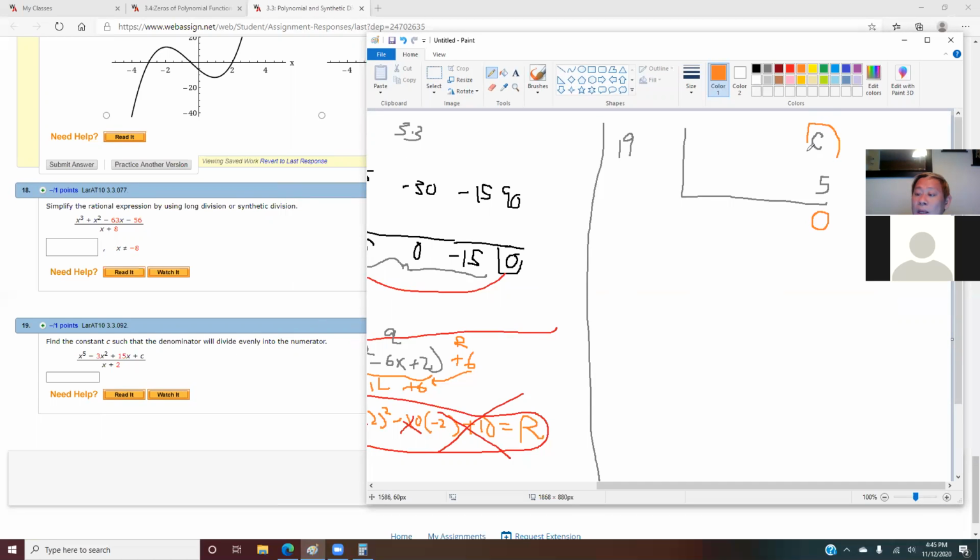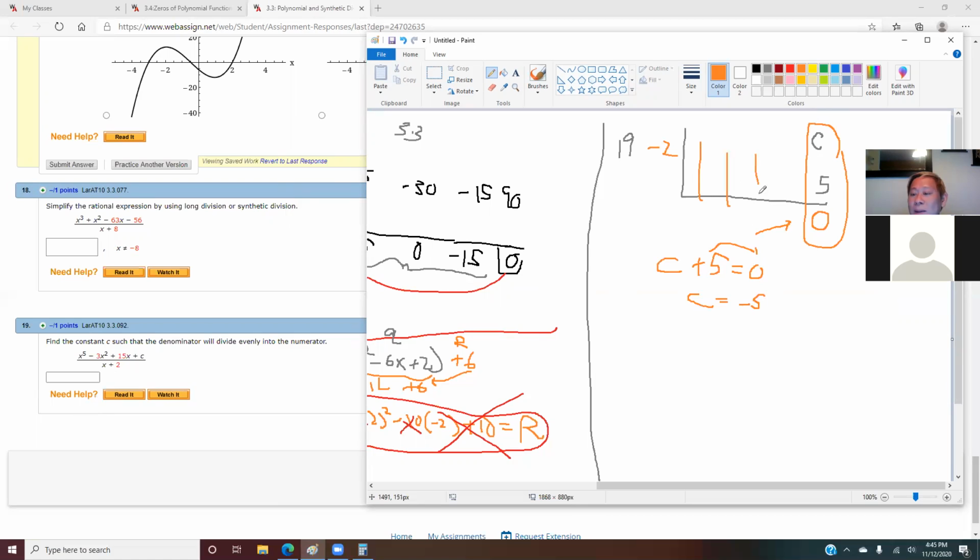So now what you do is set this equation up: C plus 5 equals 0. And what is C in this case? Wait, 5. No, wait, -5. -5. So you still do the synthetic division like last time, because you got -2 here.